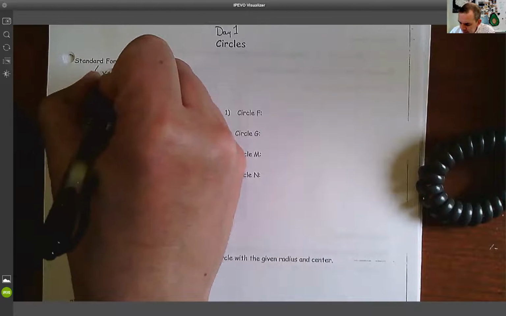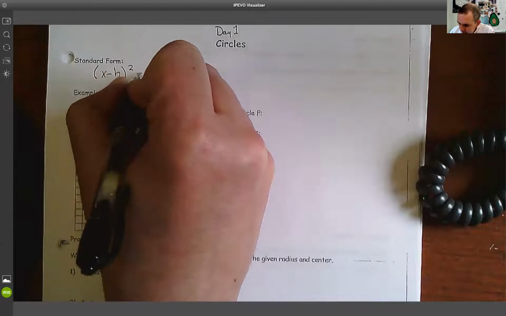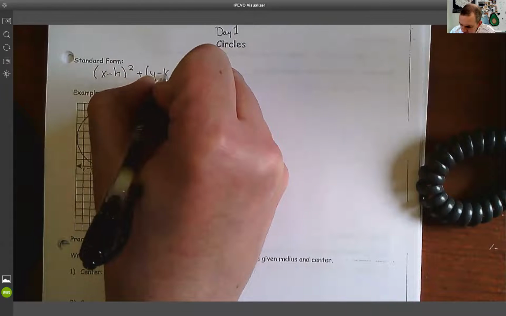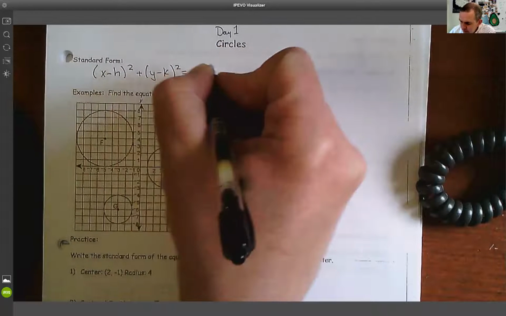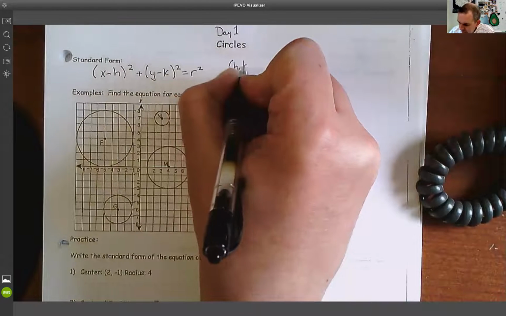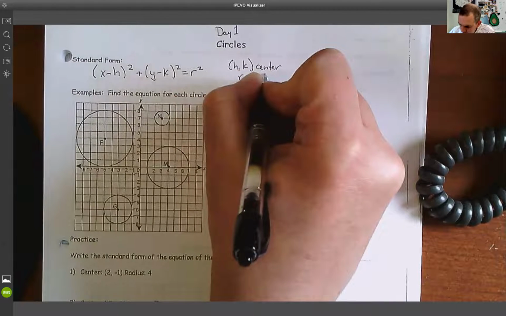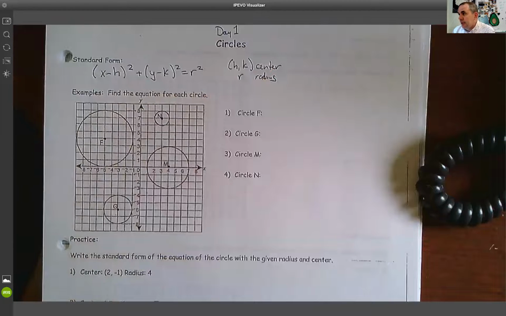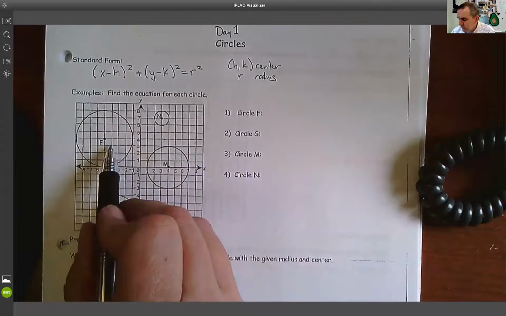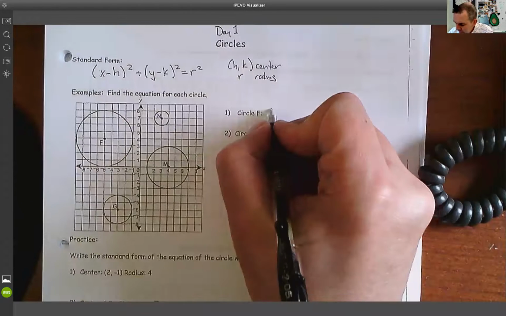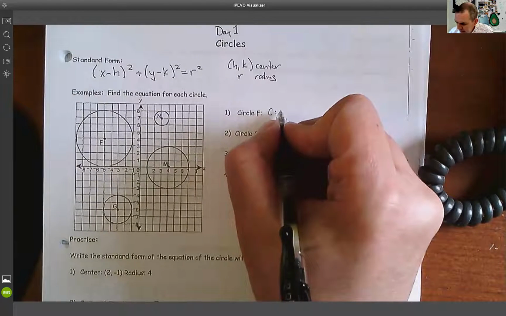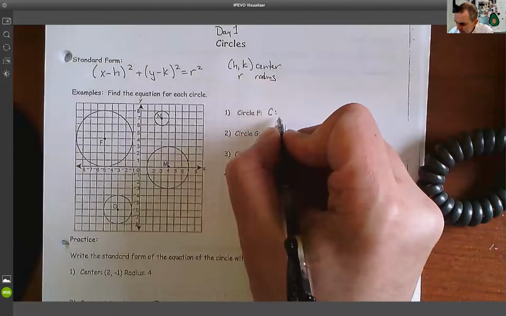It's going to be this: (x − h)² + (y − k)² = r². H and k are the center of the circle. R is the radius of the circle. So when I look at circle F, the center of it, if I count, is (−5, 4).